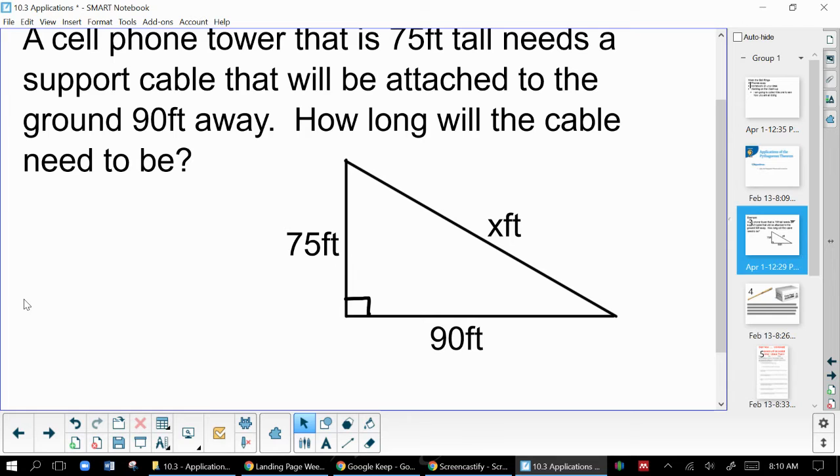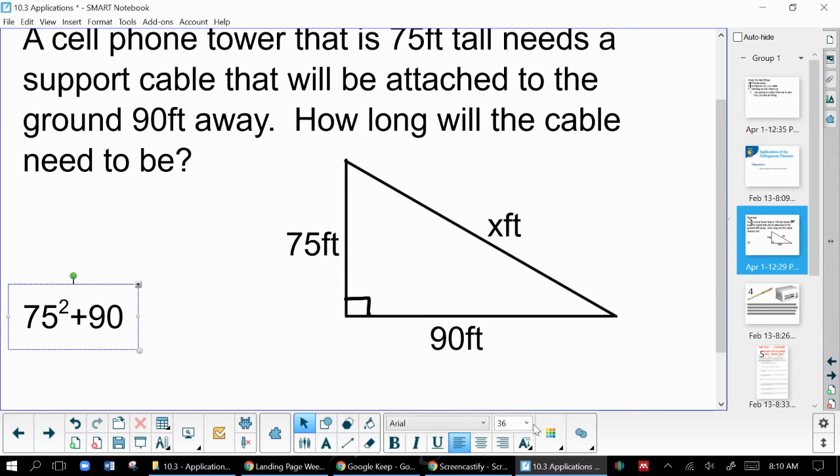So we've got 75 squared, that's one of our legs, plus 90 squared, and that's going to equal x squared. We'll just go through the steps to solve that here.